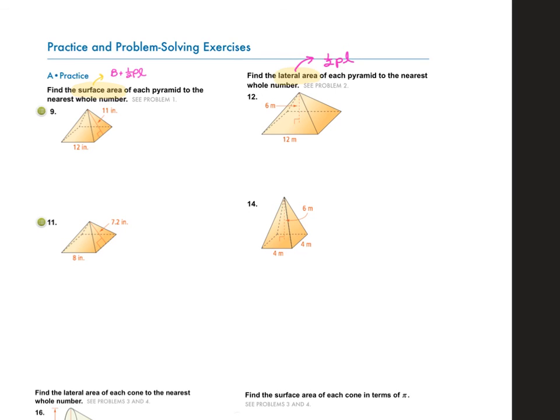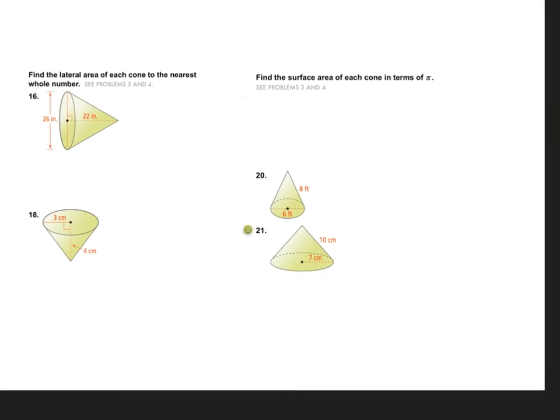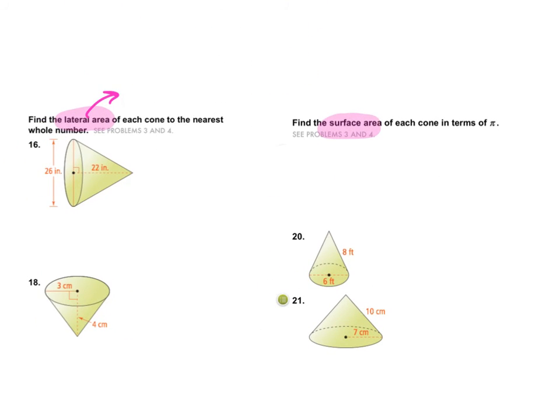Then you get into the cones at the bottom, and it's reversed. This says lateral area, this says surface area. So this one would be pi r L, and this one would be pi r squared plus pi r L.